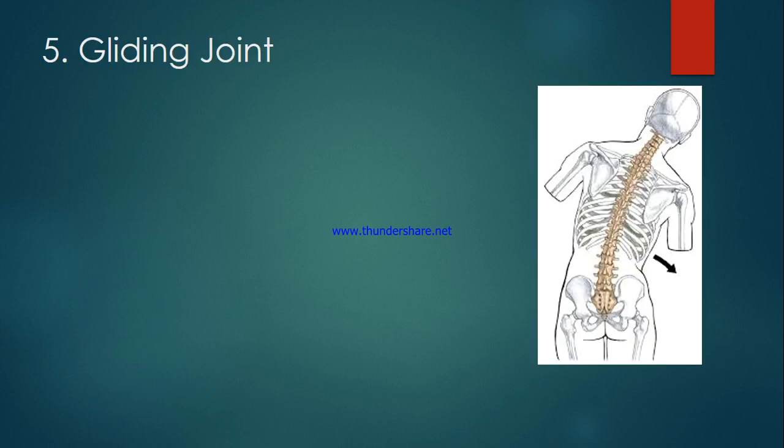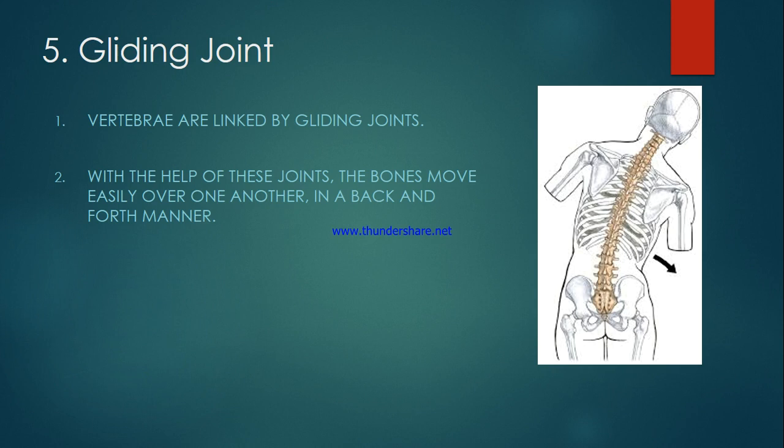The next freely movable joint is gliding joint, and you can observe it in the given diagram. Vertebrae are linked by gliding joints.